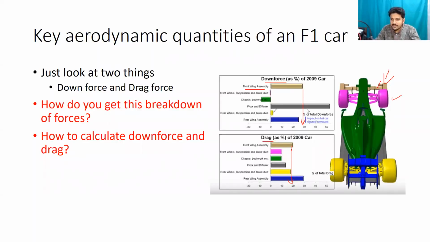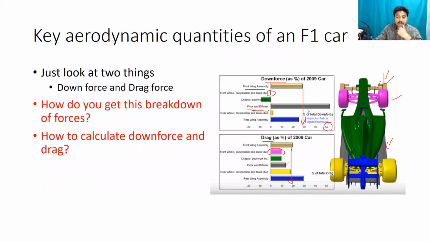Let us take a different component here: your front wheels. Your front wheels actually don't produce downforce. In fact, they almost always produce a little bit of lift, which is what you're seeing here. But they are enormous sources of drag. If you take a look at your floor and your diffuser, which is this part right here, they generate huge amounts of downforce, which is pretty well known, 50% or more.